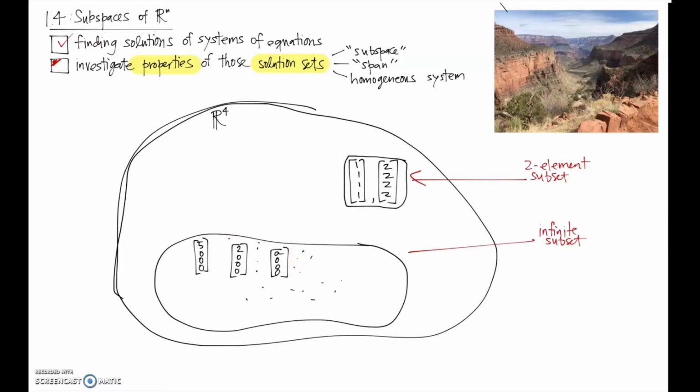In other words, a question that we can ask is, this little infinite subset, is this closed under vector addition and scalar multiplication? So think about that for a minute. Could you ever take a linear combination of 2 vectors in there and pop outside the set?